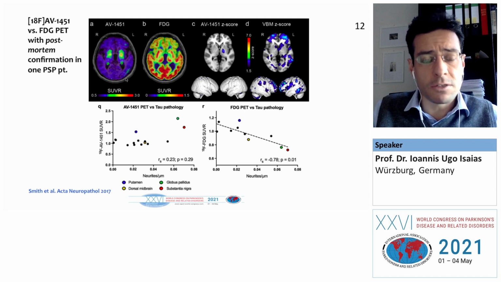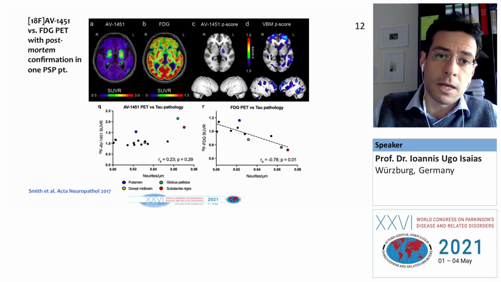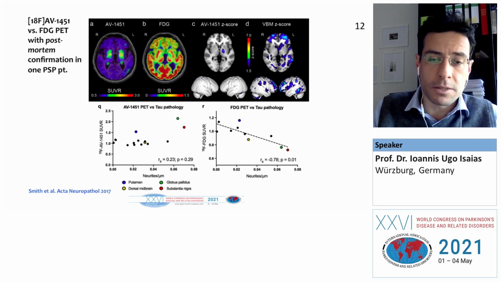The research advances in this field are quite relevant, because they try to bridge in vivo evaluations with the true anatomopathological findings, which, for example in PSP, are protein tau depositions. Here there is a comparison in panels A and B between so-called PET of protein tau and glucose PET.